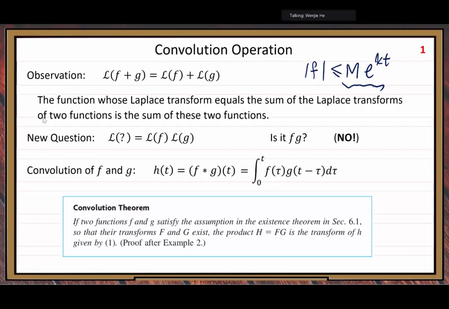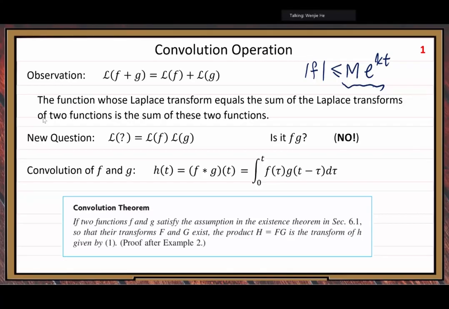When you calculate the Laplace transform of this little h, it equals the direct product of capital F and capital G. That's the convolution theorem. It can be proved easily.